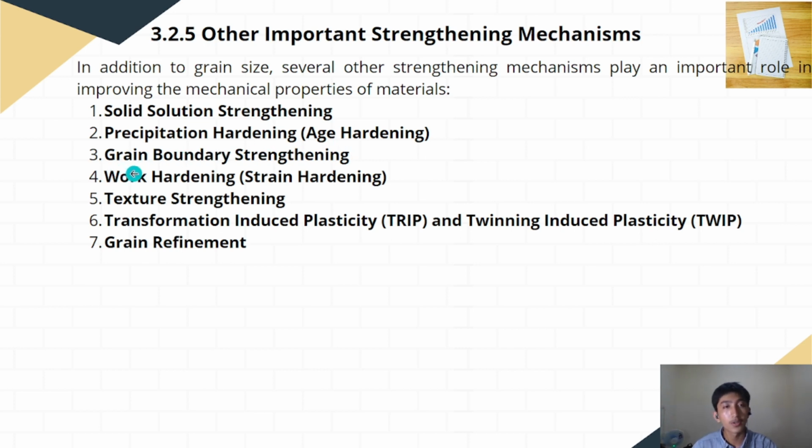Three, grain boundary strengthening. Four, work hardening or strain hardening. Five, texture strengthening. And six, transformation induced plasticity and twinning induced plasticity. And seven, the last is grain refinement.